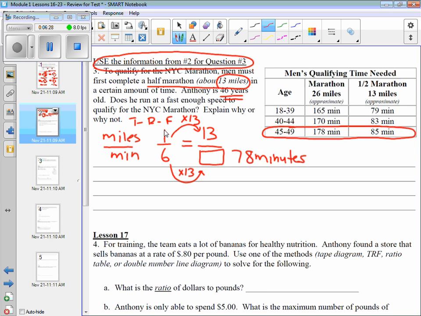And since 78 minutes is less than 85, yes, he's able to enter. And you would explain why. I'm not going to write it here because of time, but you want to explain that 78 minutes is well under the 85-minute maximum that's required, so he would be able to enter. Okay, we move on to the next one.